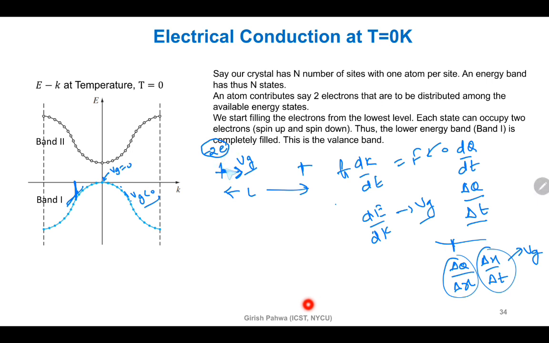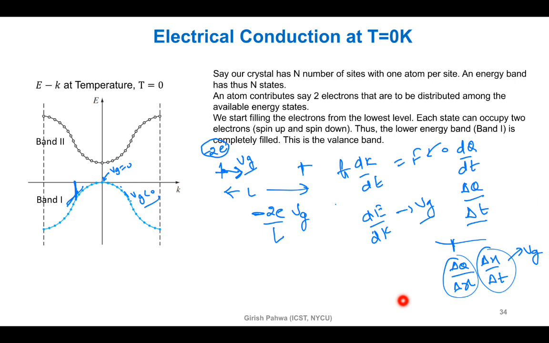So 2e amount of charge passes, so it travels from here to here in time, say delta t. So what is the charge? Minus 2e. What is this? L. What is the velocity? Vg. So this is the current contributed by one k state.